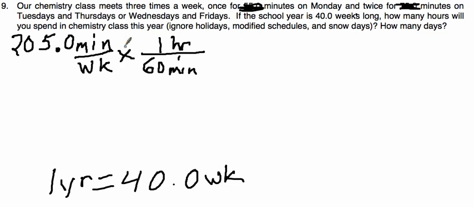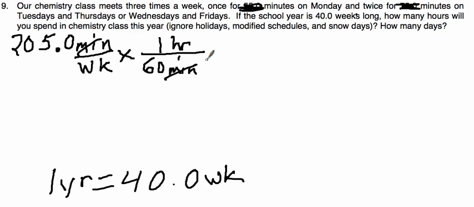That's a bad looking H, but it's an H nonetheless. Minutes cancel out. If we calculated this right now, we'd be in units of hours per week. That could have some use, but it's not exactly what we're looking for.